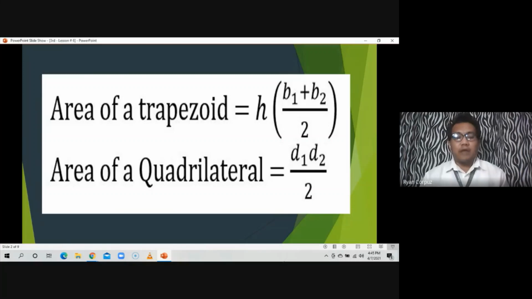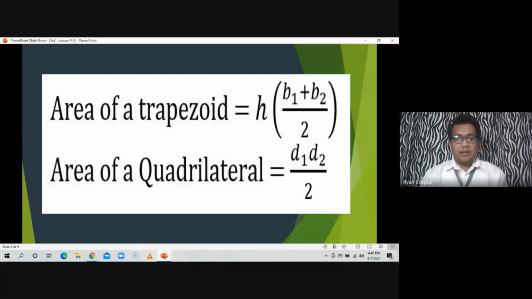Those are the diagonals of the given quadrilateral with perpendicular diagonals. Ano-ano ba yung mga quadrilaterals with perpendicular diagonals? Those are rhombus and kite. Although square also has perpendicular diagonal, but we already know on how to find the area of a square. That is just applying the formula to find the area of a square, which is just s side times side or s squared.